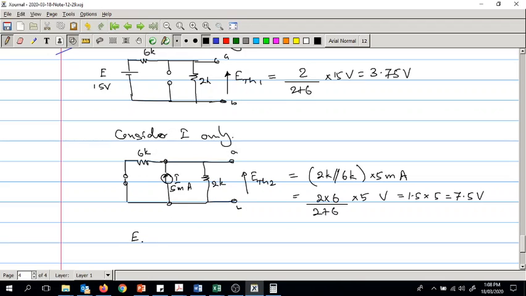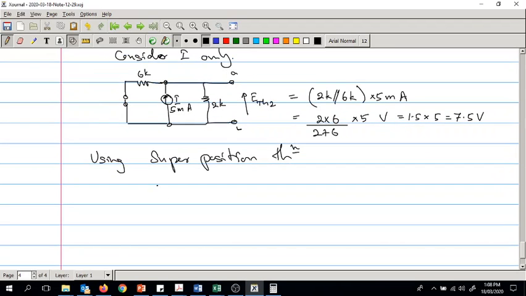Now ETH, using the superposition theorem, ETH is ETH1 plus ETH2.